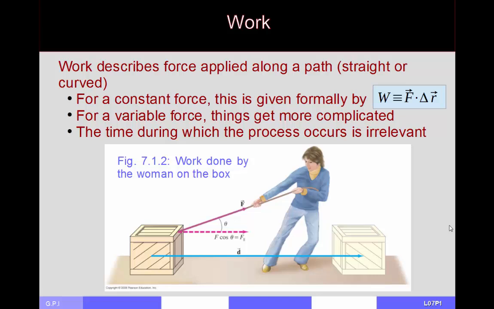Okay, you can also imagine, though, maybe the box is initially actually sliding in this direction. So it's going the opposite direction that she's pulling on it, and she's basically trying to stop the box. So that would be sort of doing a negative amount of work on the box, or if you want, you could even think of it as the box is doing work on her.